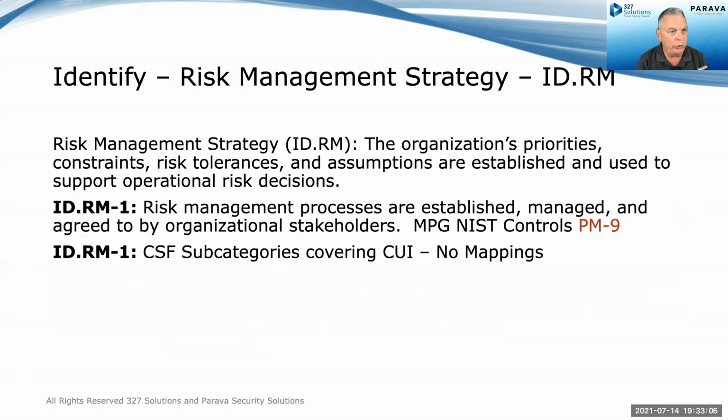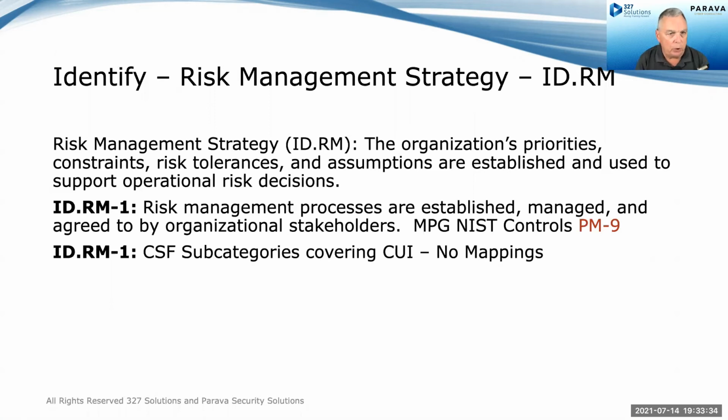At some point, you will need to develop a risk management strategy. It will guide all the decisions you make in terms of how you treat your risk within your organization. With the risk management strategy, you're going to establish priorities, understand what your constraints are, establish your risk tolerances, and create assumptions that are going to be used to support operational risk decisions.